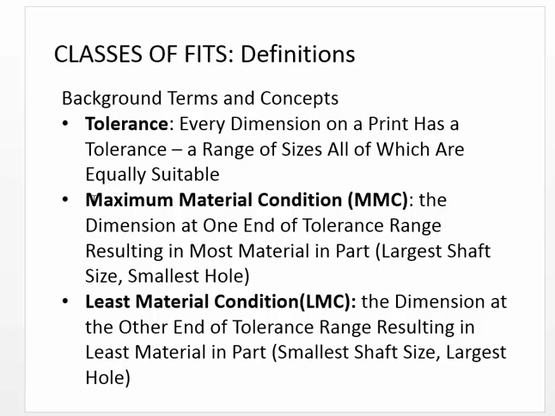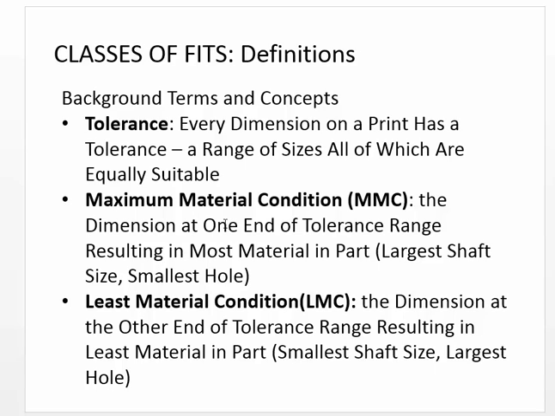Two concepts that are really important are max material condition and least material condition. Maximum material condition means a condition under which the part has the maximum amount of material or weighs the most. What that means is that when you have a tolerance, the two different values at either end indicate either a max material condition or a least material condition.